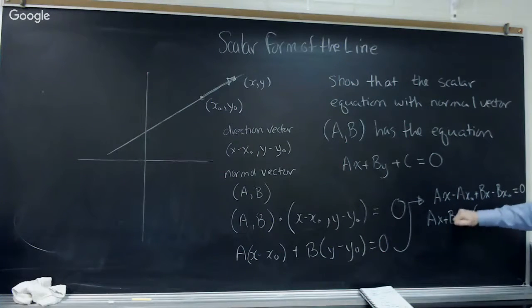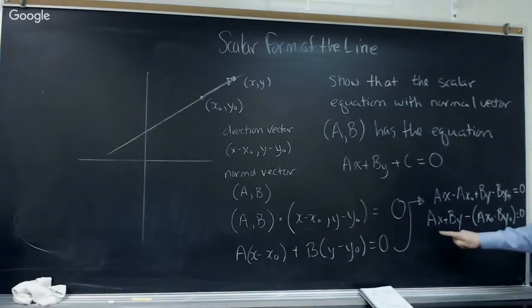Oh yeah, fortunately I wrote x instead of y's. I even liked saying "why not," so you'd wonder why I quit doing it partway through. There we go. Okay. So now I have ax plus by minus this part right here.